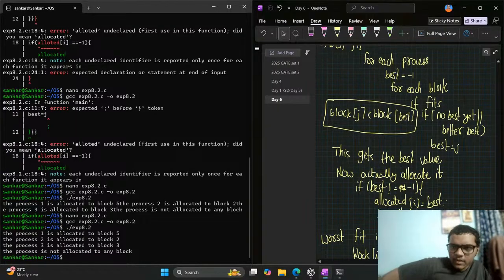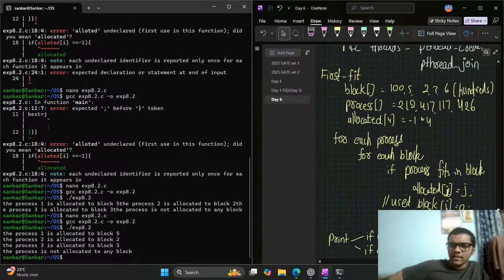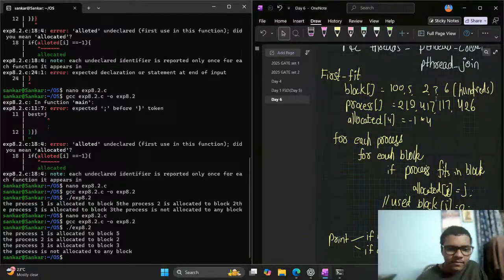So we're doing best fit, right? It should fit in. 212 is allocated to the 300 block. That is block. What? Process 1 is allocated to block 5. 2 is allocated to block 2, okay?